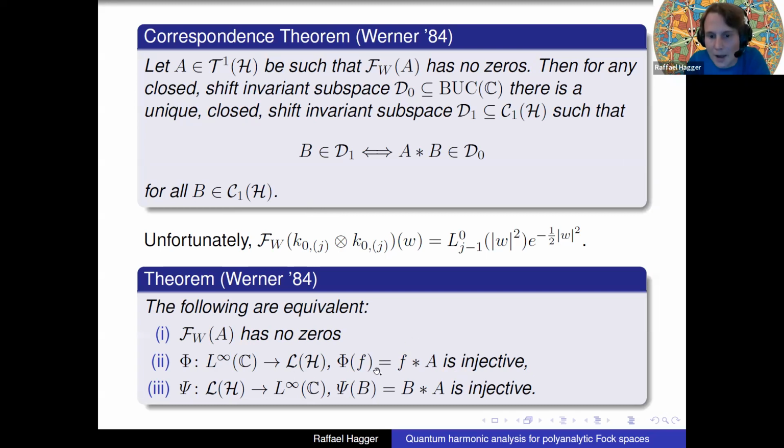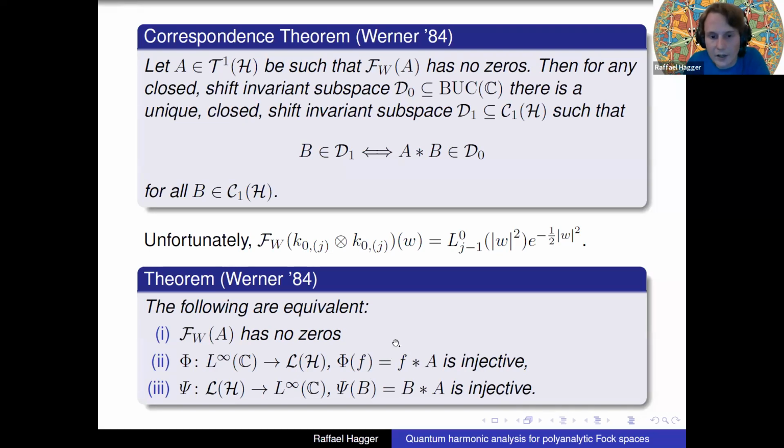So the Toeplitz map, so F that is mapped to the Toeplitz operators, is injective, and here you see this is the Berezin transform. So what it says here is, since our operator does have zeros, it means both the Toeplitz quantization and the Berezin transform are not injective in this case.